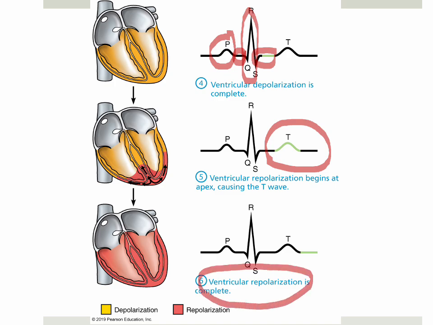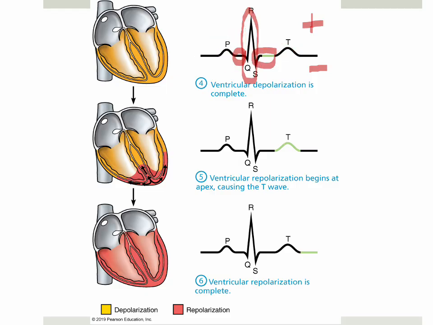Okay? Think about this as positive and this as negative. So we are becoming more positive, complete, going to a resting state, and then getting positive because we are depolarizing, getting that complete, repolarizing, going to resting state. Okay?